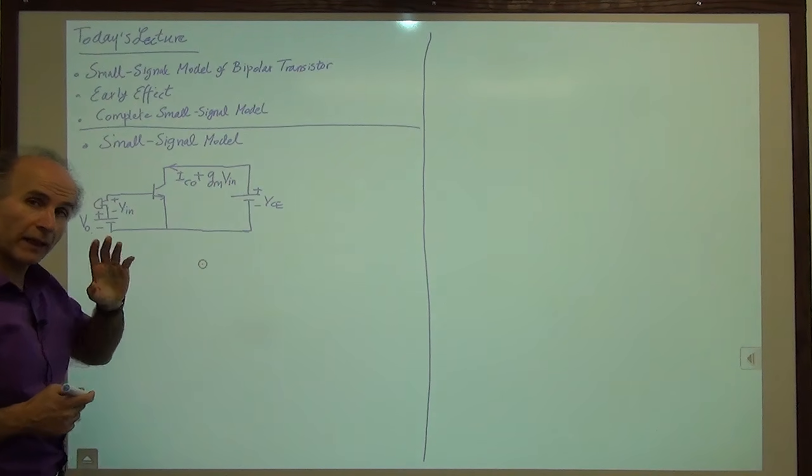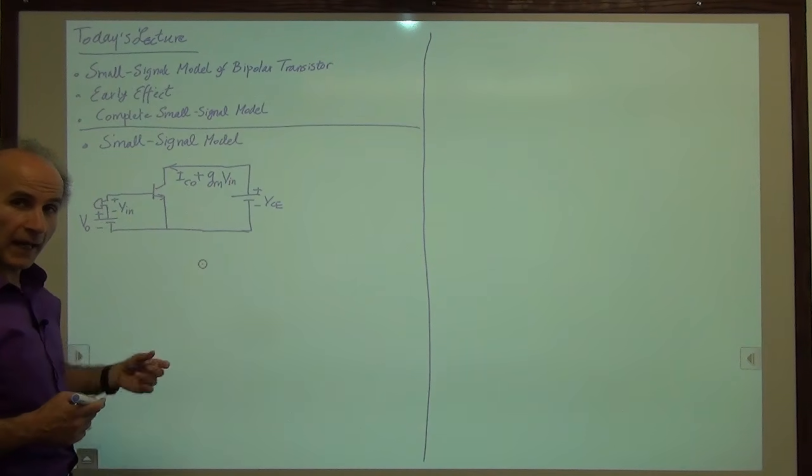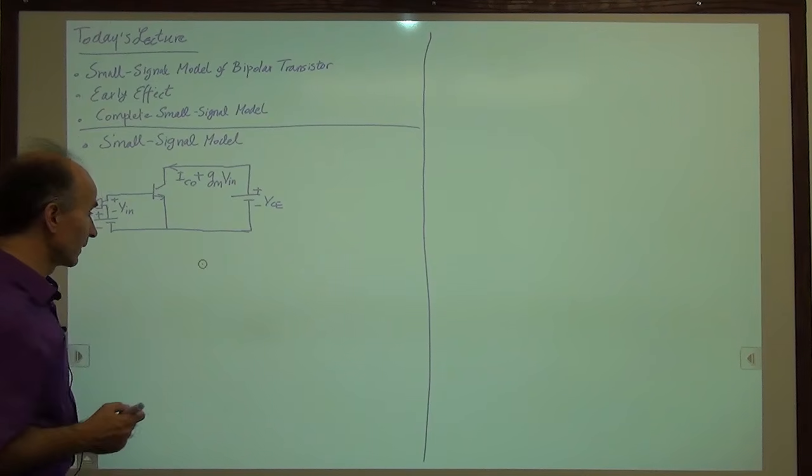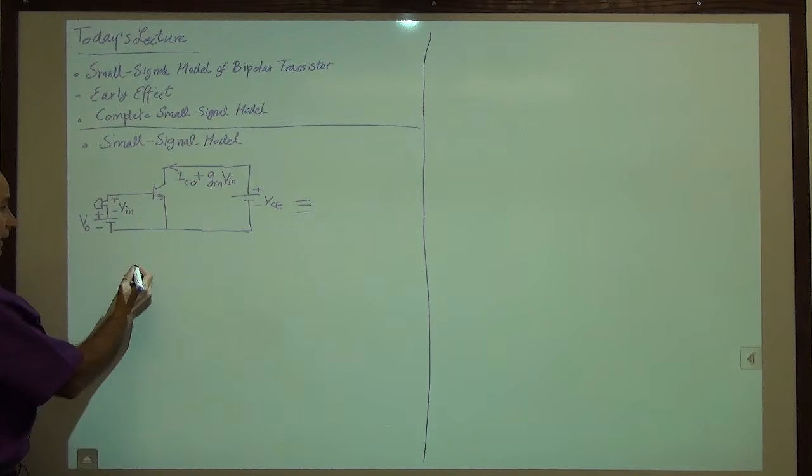So maybe what I can do is I can consider this whole circuit with all the stuff in it as two different circuits. So we will say that this is equivalent to two circuits. One that looks like this.